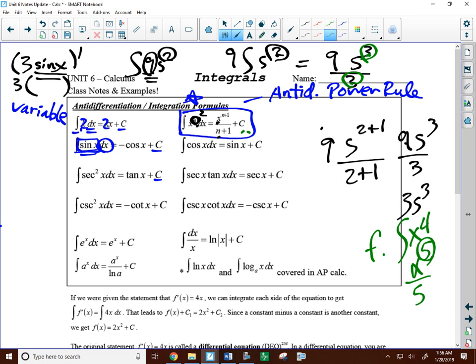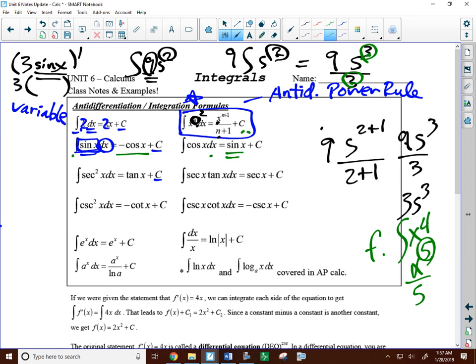Okay, let's look at some trig ones. So the derivative of sine was cosine. So the antiderivative of sine, this is a little opposite, negative cosine. So let's see. Derivative of cosine was negative sine, and so the antiderivative of cosine is actually a positive sine.